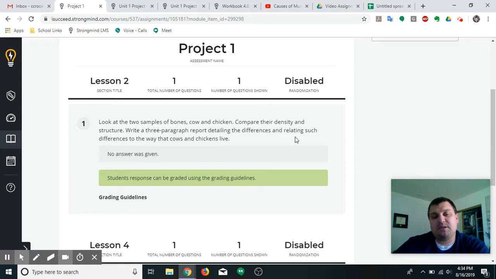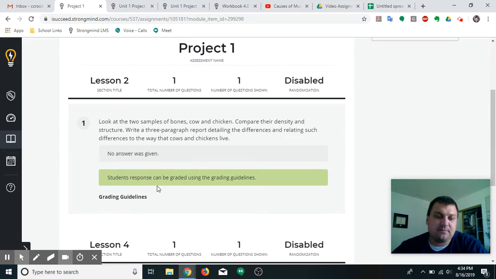But anyways, compare those densities inside, because what's kind of unique is birds have a different density than mammals, such as a cow, and you can think about why they have that less dense bone, and explain that and make sure that's a 3-paragraph report.